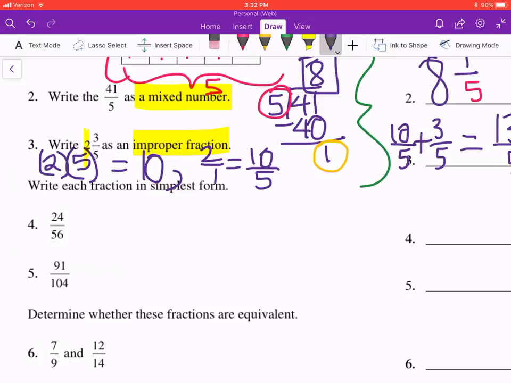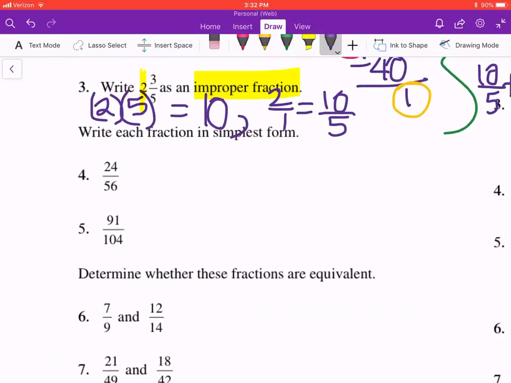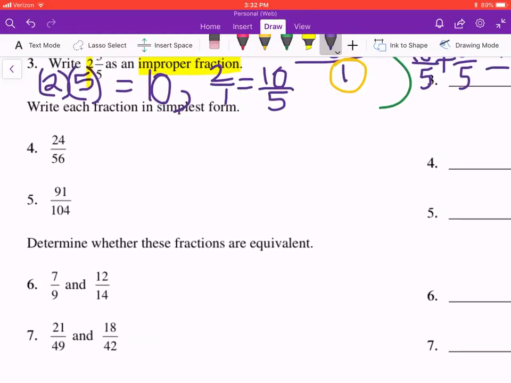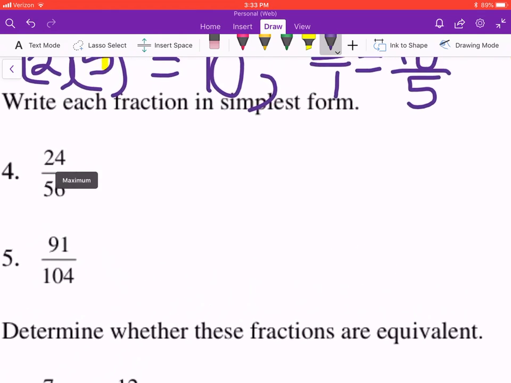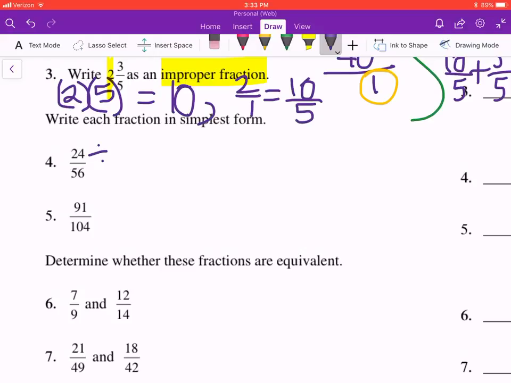So let's move on to problem 4. For problem 4, we need to write each fraction in simplest form. We know that both numbers, numerator and denominator, are divisible by 8. If you're not sure about that, you could start dividing by other numbers that you know for sure can be divided into here. We know they're both divisible by 2 because they're even numbers.